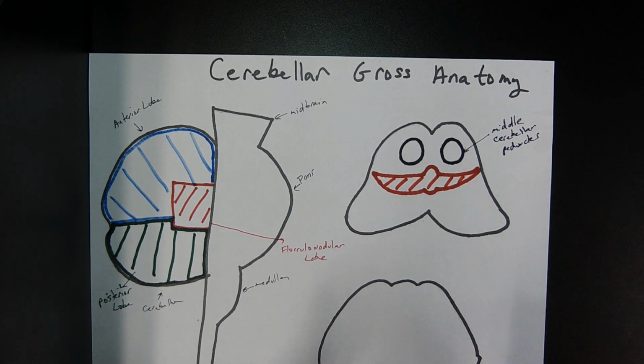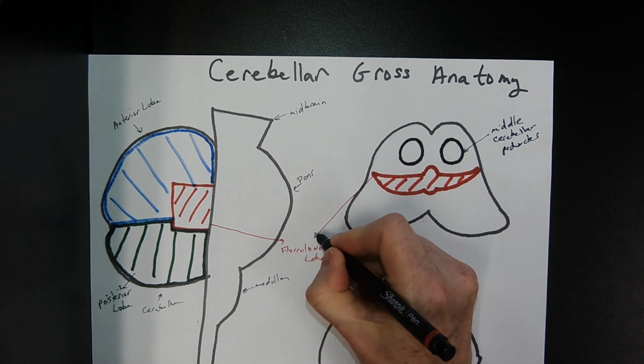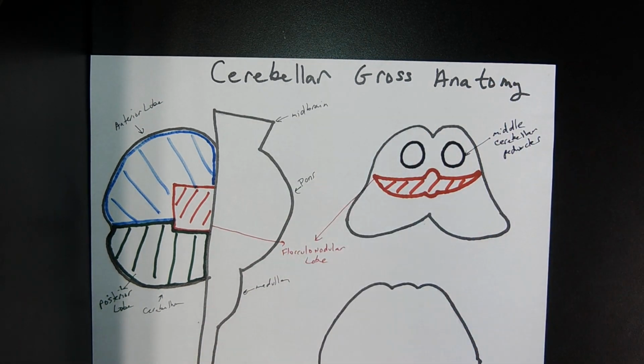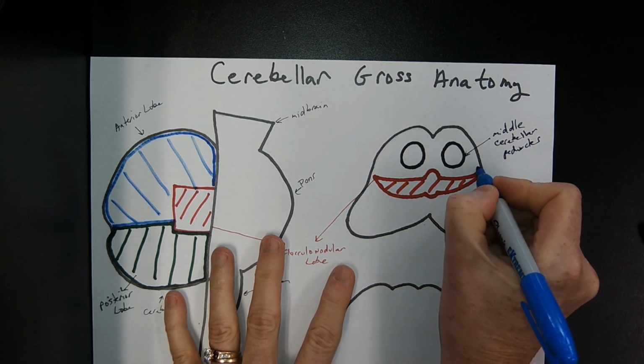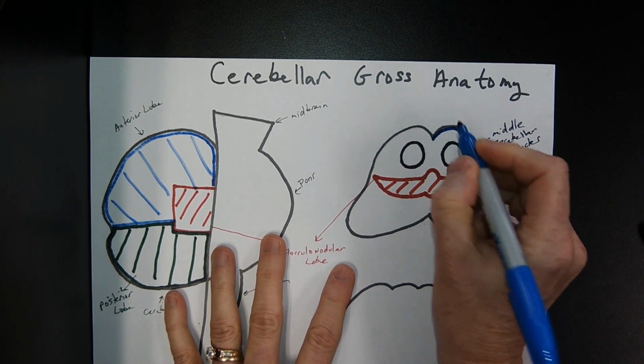Okay, so this right here is going to be your flocculonodular lobe. You can't see it in the first view because it's tucked behind the brainstem, but when you pick that brainstem up, it's just sitting right there. And just like I said before, up top, you have your anterior lobe, so that occupies the top portion here.